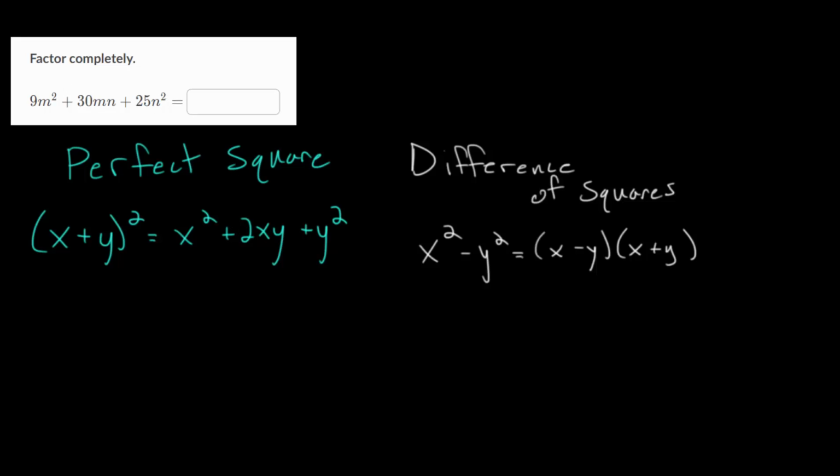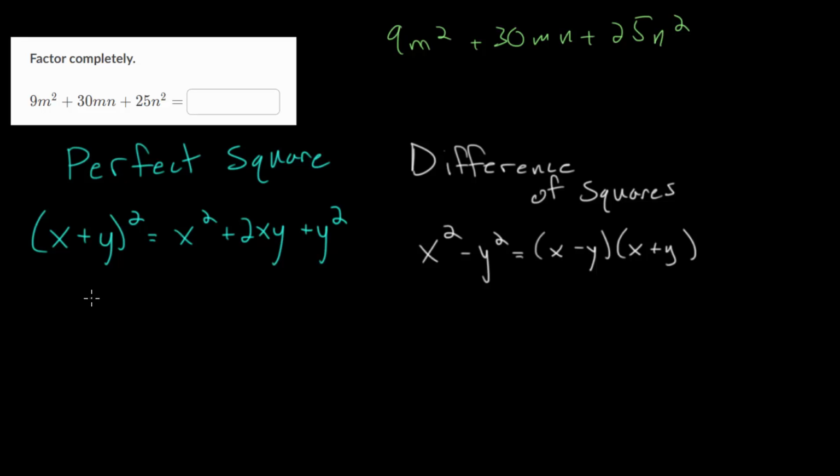But let's rewrite this first and then think about it. So we have this 9m squared plus 30 times mn plus 25n squared. Now, if you encountered this problem without being prompted that it's going to be one of these, then it's a little bit difficult to tell that this is a perfect square and we can use this formula.